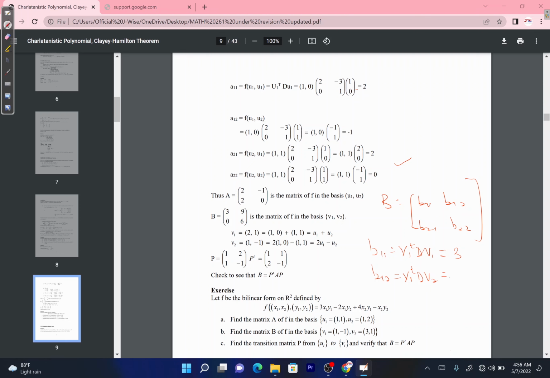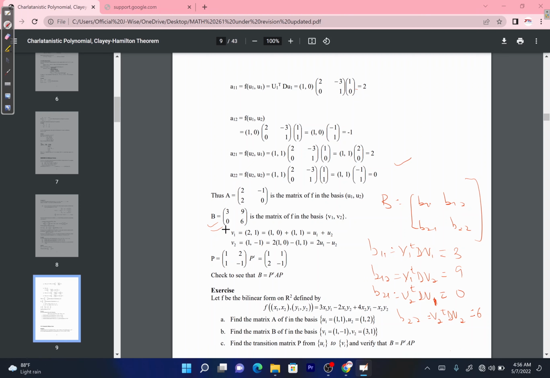When you solve it, you get 9. B21 is given by V2 transpose D V1. When you solve this, you get 0, and B22, that's V2 transpose D V2, you get 6. That's how we were able to generate our matrix B.